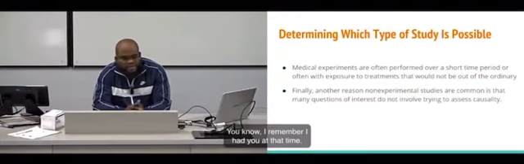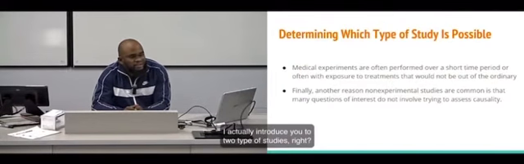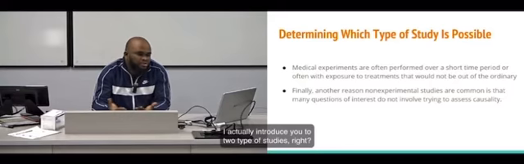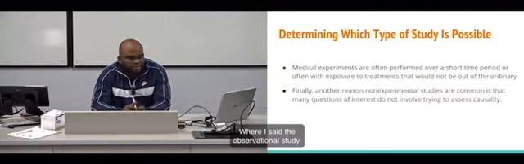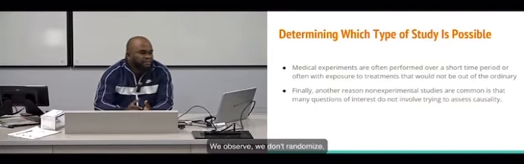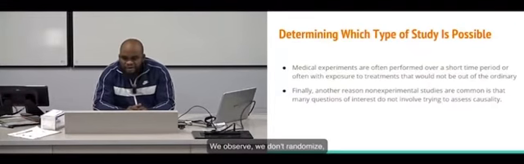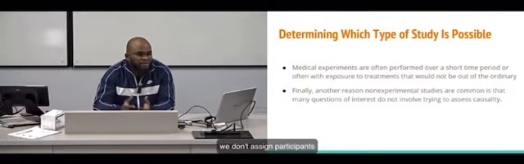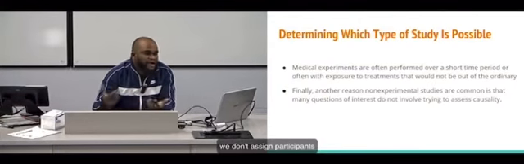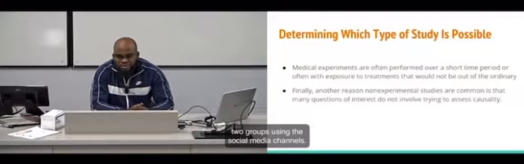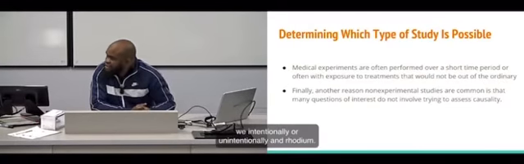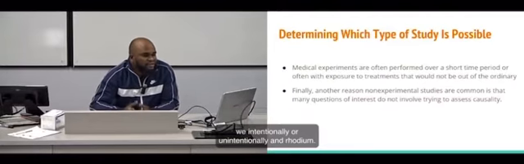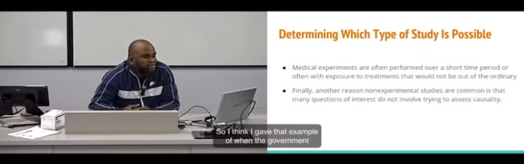I remember the other time I introduced you to two types of studies, right? The observational study, we merely observe. We don't randomize, we don't assign participants to groups using the instrument of chance. So the participant will either intentionally or unintentionally enroll themselves.